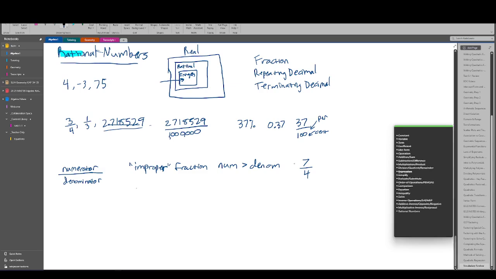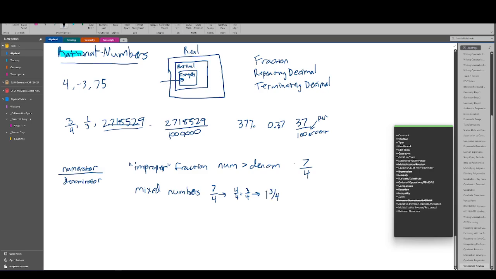You've probably also written them as what we call mixed numbers. Mixed numbers are written the same thing, numerator is bigger than denominator, but we take out as many whole numbers as we can. So this 7 over 4, we would rewrite and say, well, that's 4/4 plus 3/4. So that's 1 and 3/4, and we write it like that.